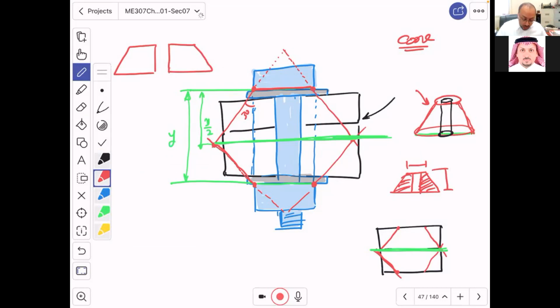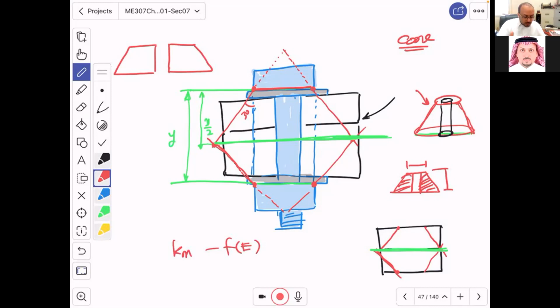If you have everything made from the same material, you don't have a problem. Why? Because if you want to calculate the stiffness, it is a function of the modulus of elasticity and other things.